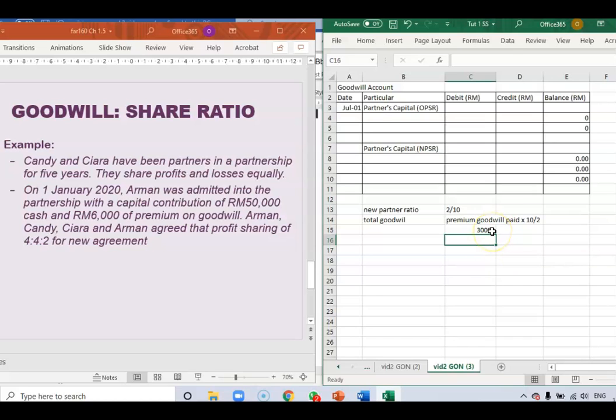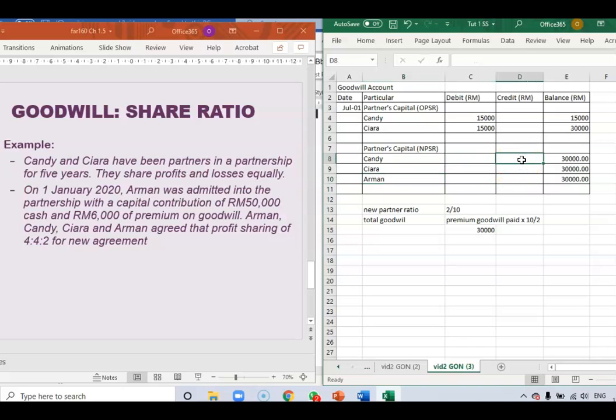So this 30,000 will be shared among Candy and Sierra, with 50%. So debit the 30,000 multiplied with 50%. The same goes with Sierra. So you have 30,000 balance. And the new partners, you have 3 now: Candy, Sierra, and Arman.